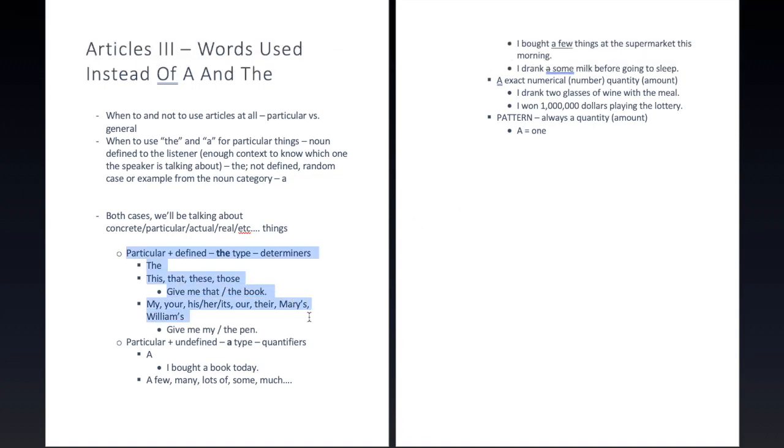We have words that we can use instead of the and a. These are actually all the things, including the. All these things that you can use instead of the and the together are determiners. All the words that you can use instead of a and a together are quantifiers, and those are what they are.